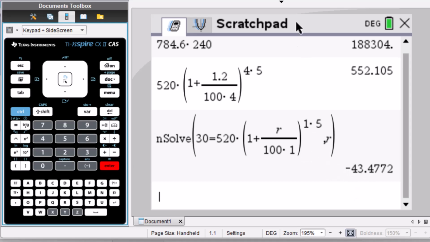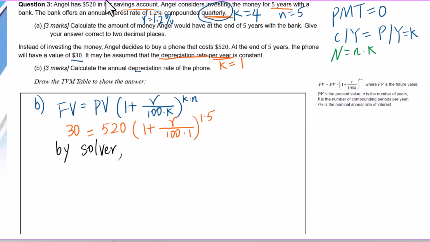By solver, R equals negative 43.5. When you answer this question, it should be a positive answer. So we will see the depreciation rate is 43.5%. Do not forget this percentage.